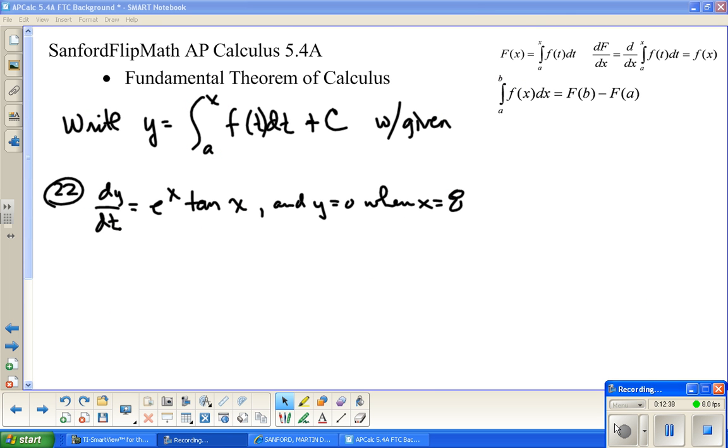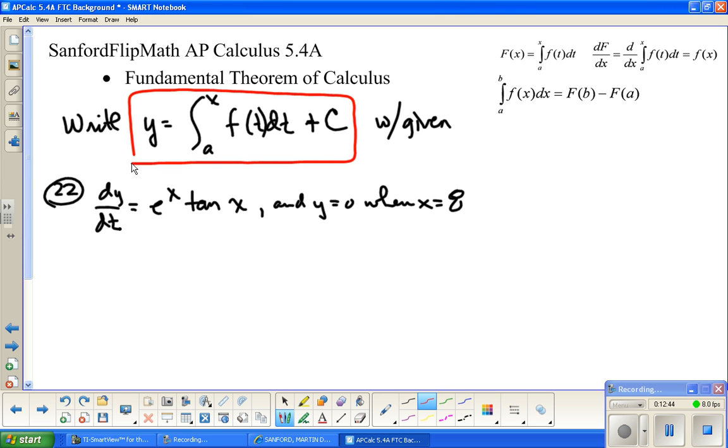Okay, so this is going actually backwards. So just a minute ago, you had something that looked like this. Maybe more so like this. And what we did was we did the derivative of it, and we got something that looked like that. Well, we want to go backwards. So what we're going to do is write y equals, and then there are a couple things. Well, first of all, we're going to go from something to x.